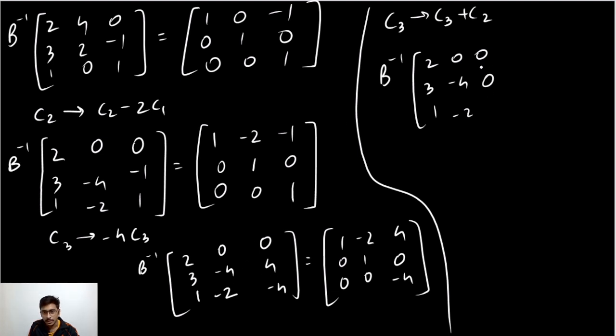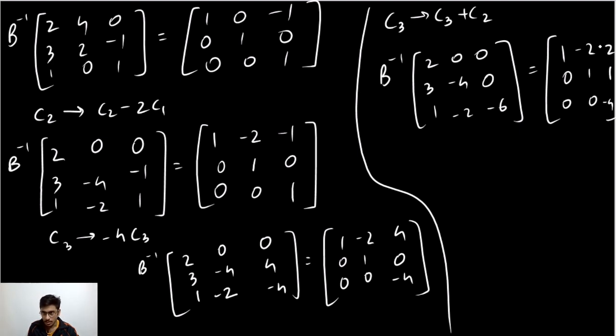So it will be a 0 over here and minus 4 minus 2 is minus 6 over here, but on the RHS I'll have 1, 0, 0, minus 2, 1, 0 and 4 minus 2, which is 2, and this is 1, and this is minus 4 over here. So this is what I'll get.